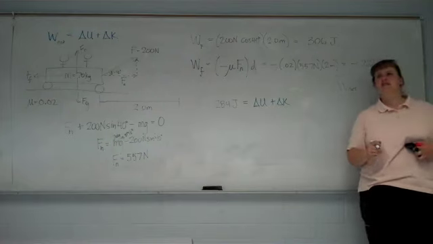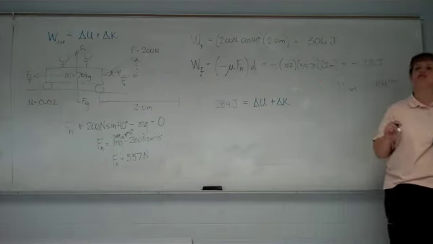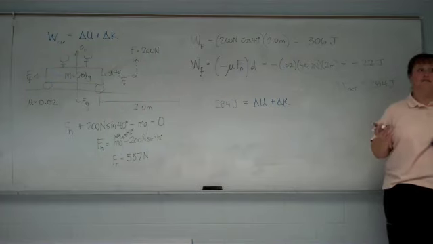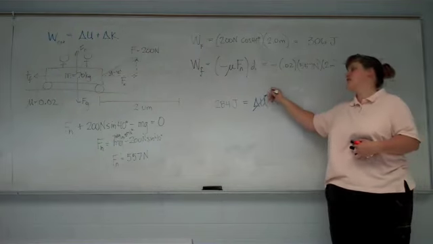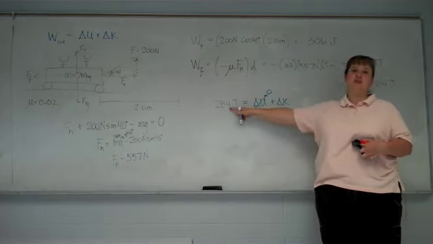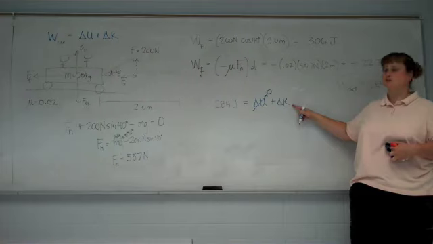How much is the system, our wagon and kids, how much is their potential energy changing? It's not. Their height hasn't changed. There's no spring connected to them. So there is no change in potential energy. That means all of this work done went into changing the kinetic energy.